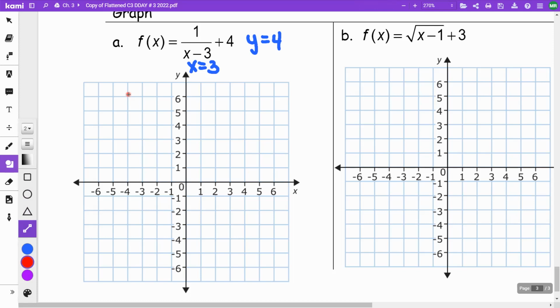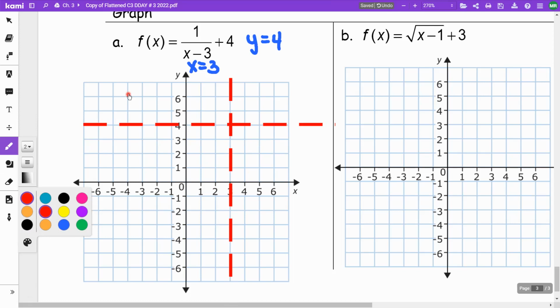And so I'm going to go to x equal 3. Okay. And y equal 4. So this one here is x equal 3. This one here is y equal 4.